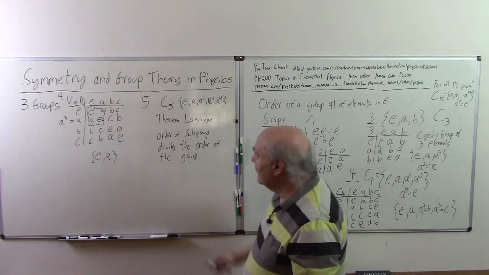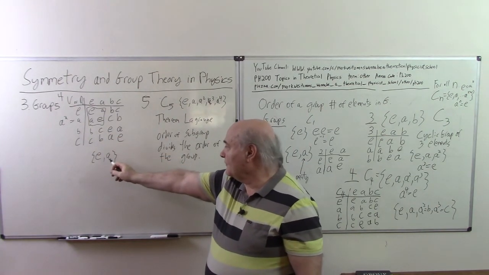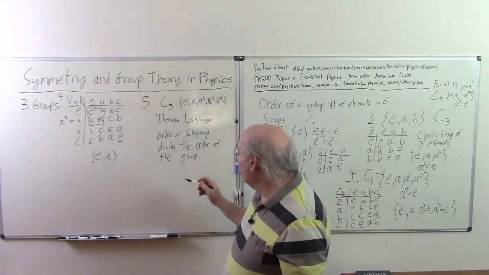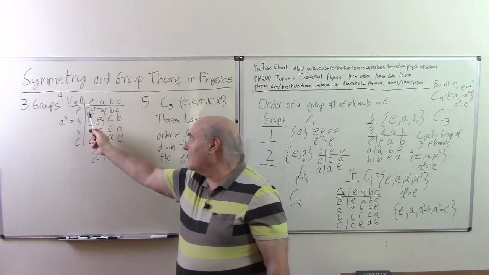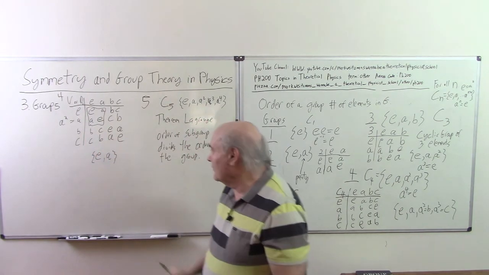So in the case of a group with 4 elements, we can have a subgroup of 2 elements because 2 divides 4. There's always the subgroup consisting of the identity, and that would be 1, and 1 divides the number of elements in the group.